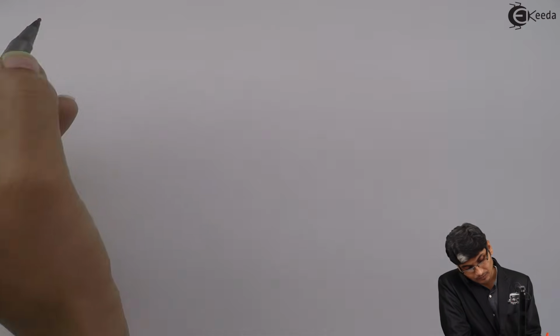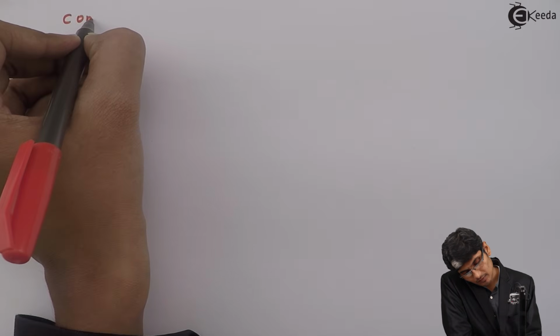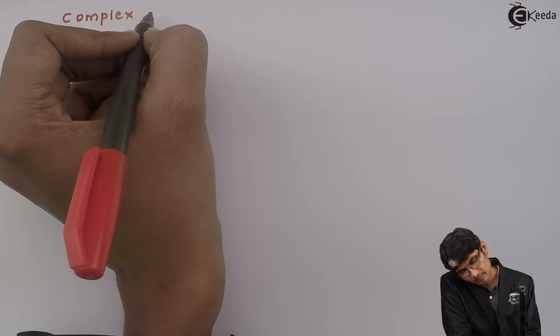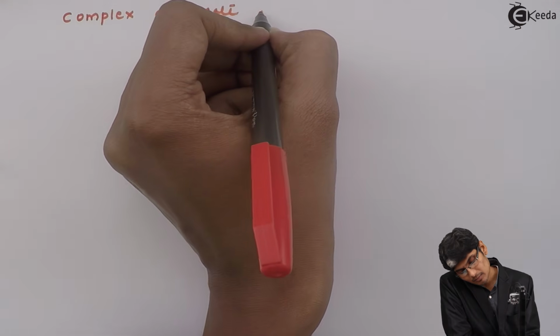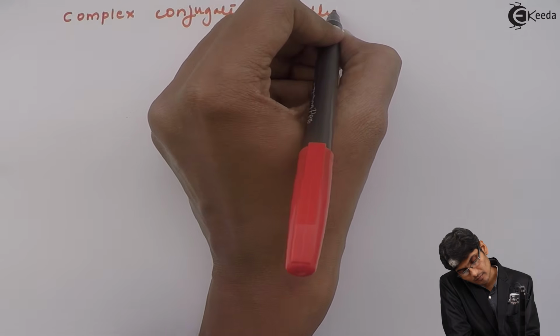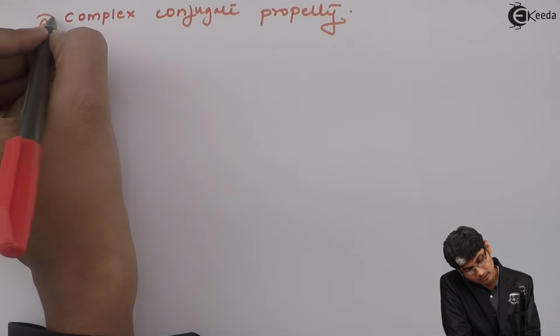Now let us go for the next property, which we call the complex conjugate property, which is the sixth property.